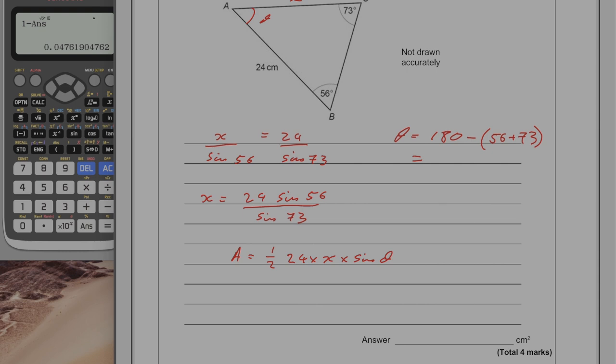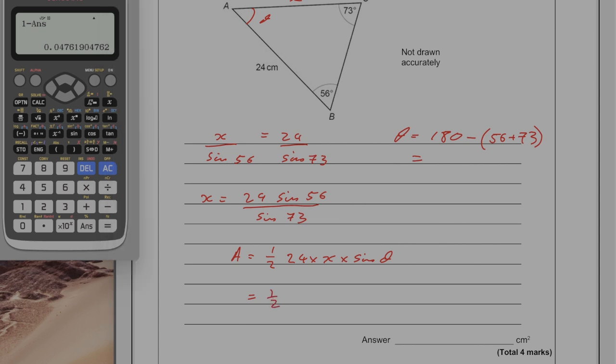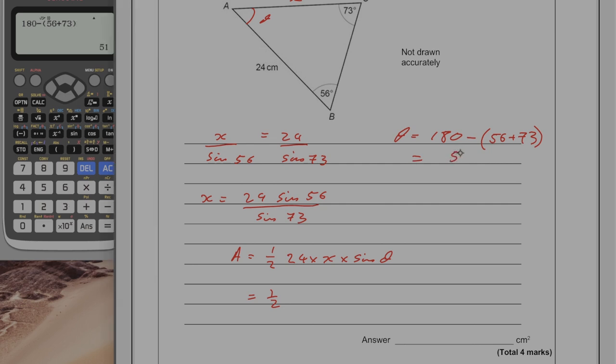Okay, we'll go and use our calculator a little bit now. So the area is going to be a half of. Right, 180 minus the two known angles, so 56 plus 73, is going to give us 51. I'm going to leave it like that for now. So half of 24 times x times sine of 51.